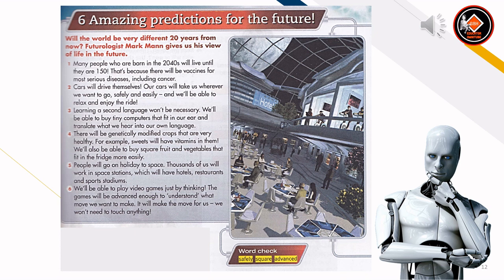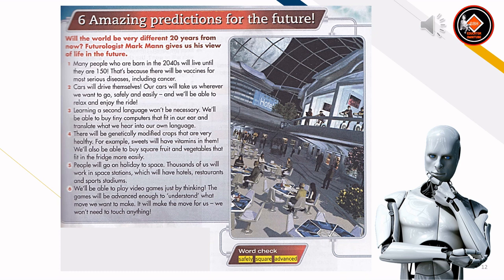1. Many people who are born in the 2040s will live until they are 150. That's because there will be vaccines for most serious diseases, including cancer. 2. Cars will drive themselves.